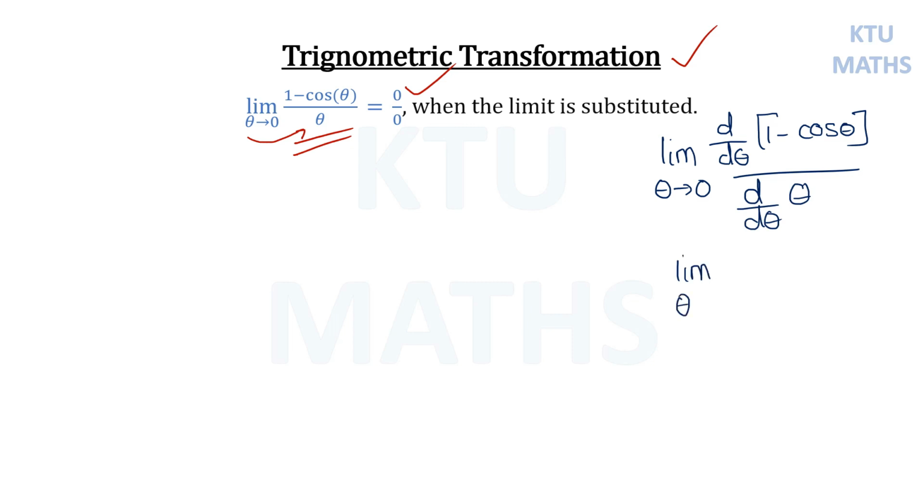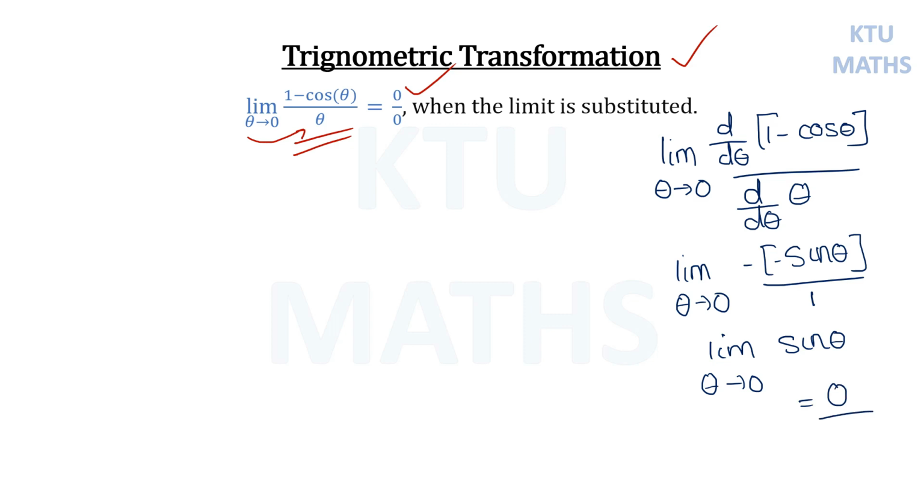Limit theta tends to 0, minus of sine theta, that is the derivative of that function, by 1. Means limit theta tends to 0 sine theta, and it will yield 0. 0 will be the answer by L'Hopital's rule.